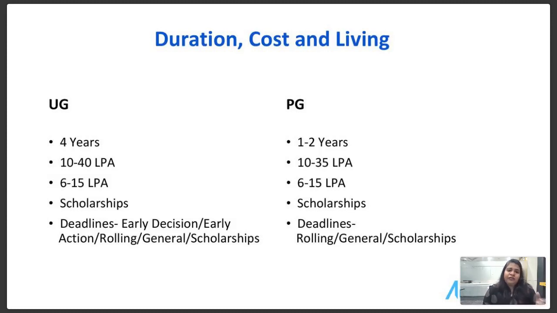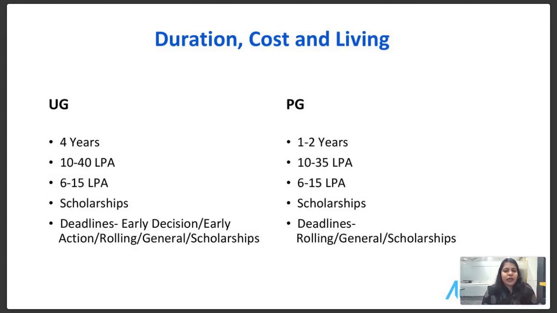On an average, if I talk about the cost of studying, typically universities in US start from somewhere around 10 to 12 lakh per year annual fees, and it goes up to 35 lakhs, even 40 lakhs in some universities, right? If I talk about the living, on an average, places like Texas, Ohio, Alabama are a little low on living expenses.